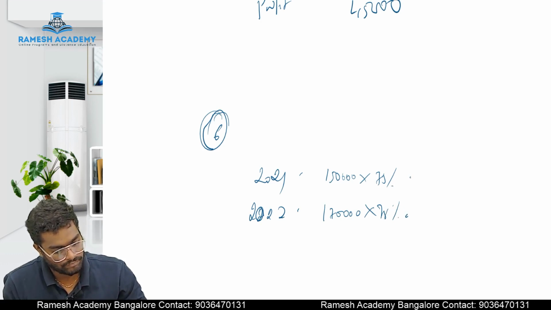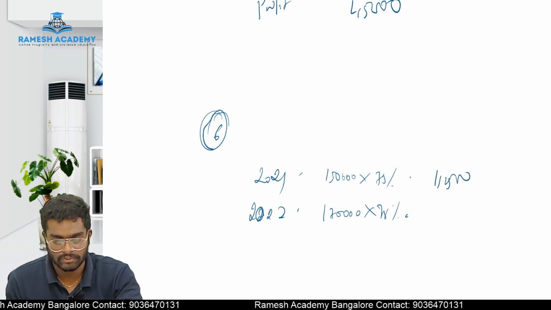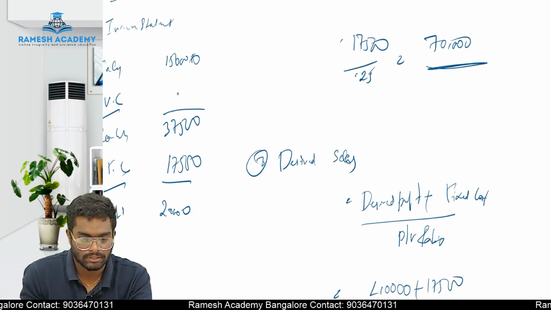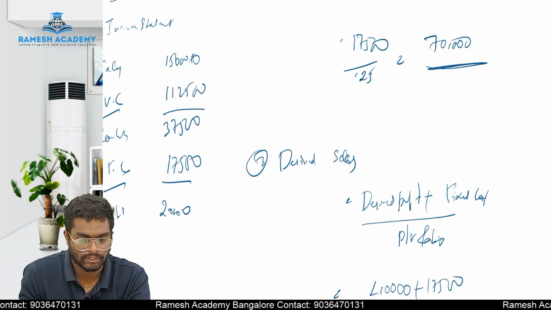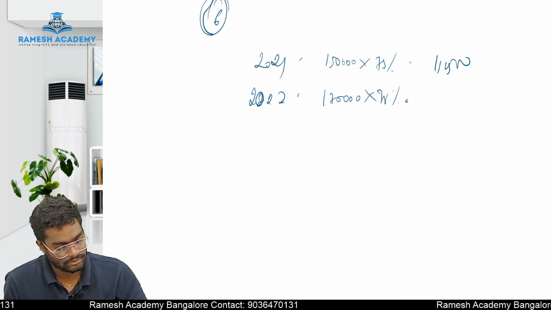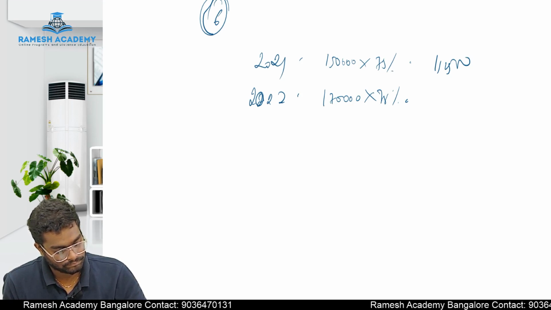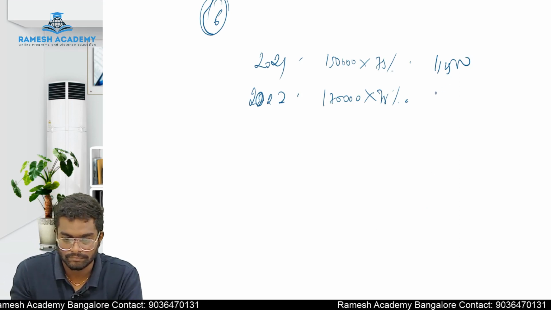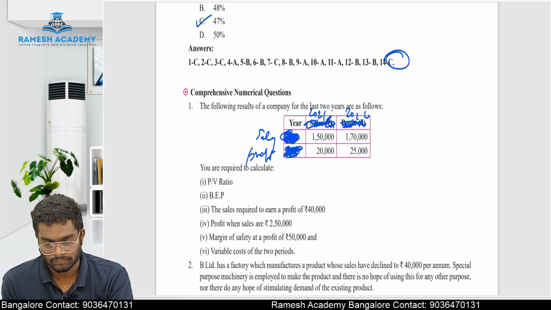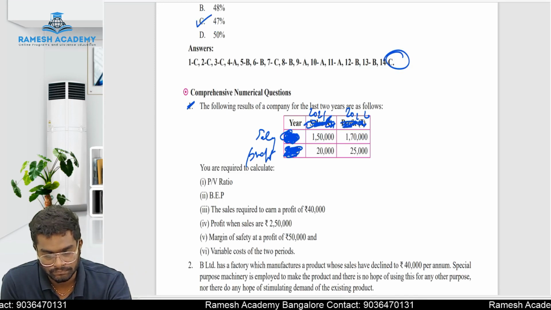So 1 lakh 50 into 75% is 112,500. If you can see, we did the same here also. Here also you can write the same thing, 112,500, and 1 lakh 70 into 0.75 is 127,500. Okay, so by this we have done question number 1. Simple.